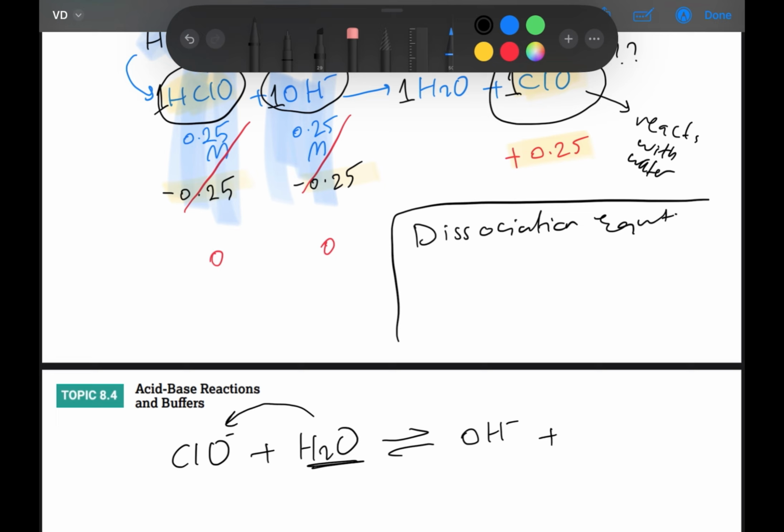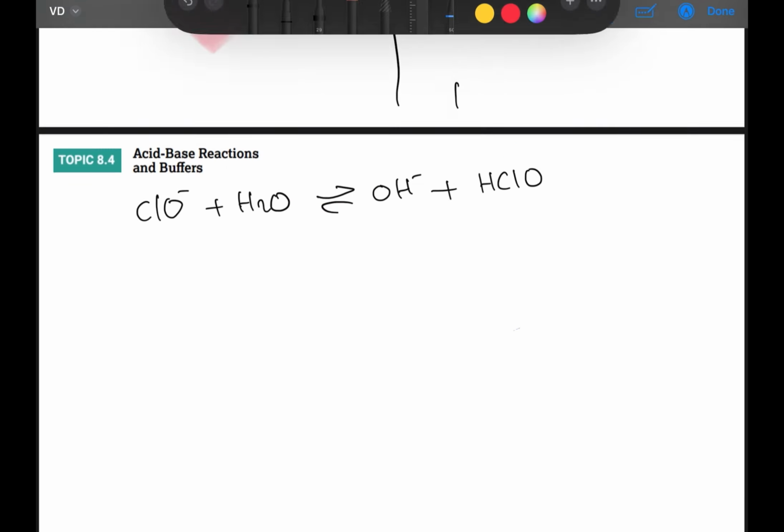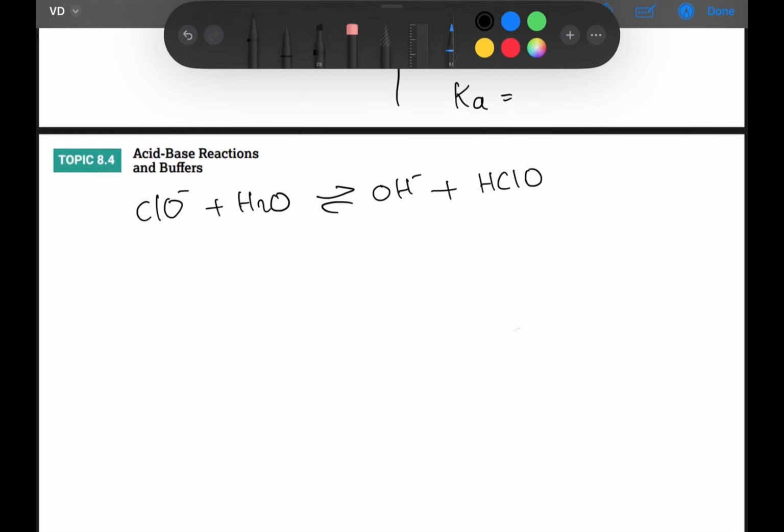In other words, you write the conjugate acid of ClO negative, which is HClO. Keep in mind the value of Ka for HClO is equal to 2.9 times 10 to the power negative 8.